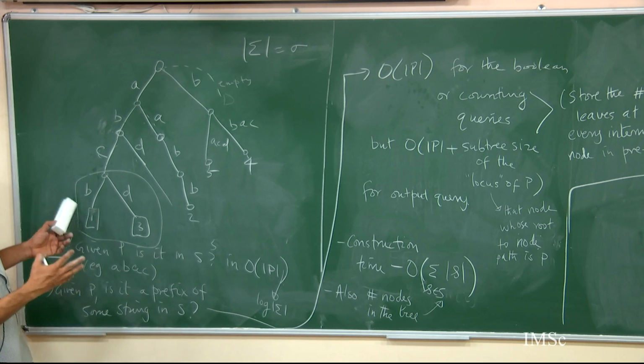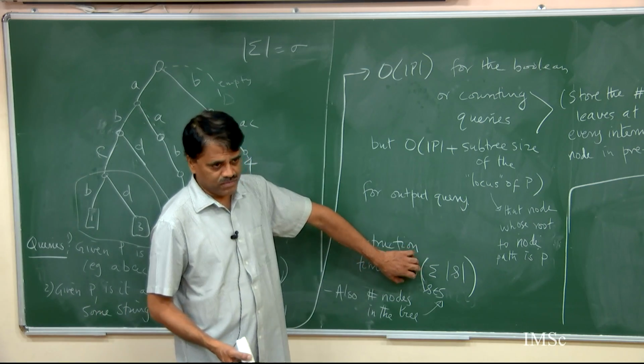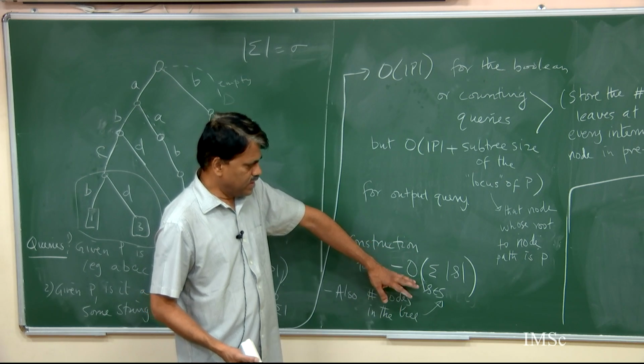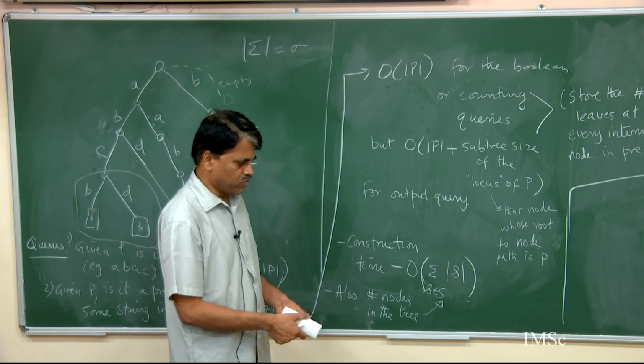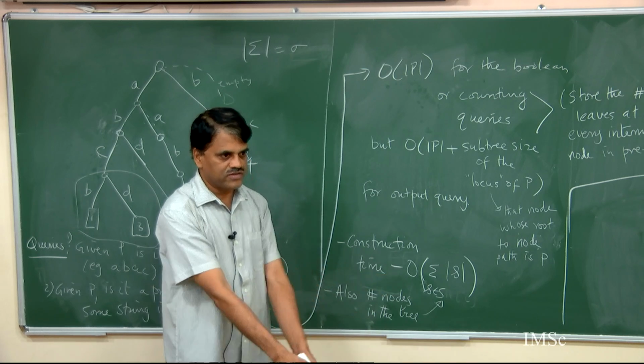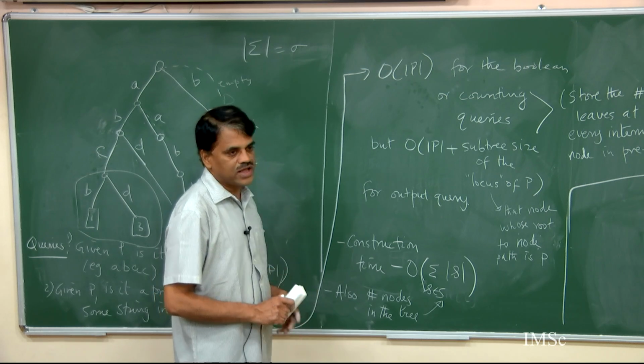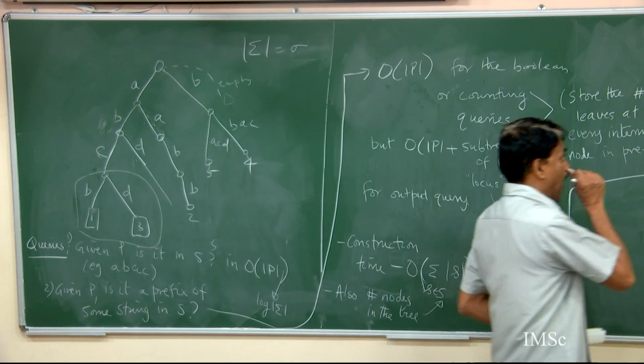But what effect does it have on the number of nodes? So, construction time is more or less the same. In fact, it might be a little better, because once you follow through and create a new node, you just put the rest of the symbols and create one edge out there. But how many nodes are there in the tree now? That is what I want to understand.